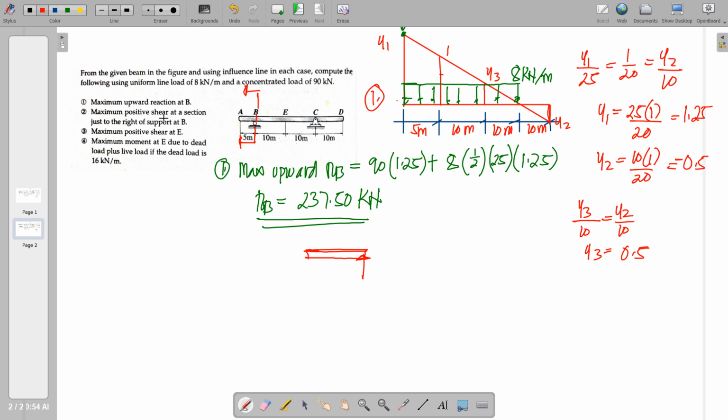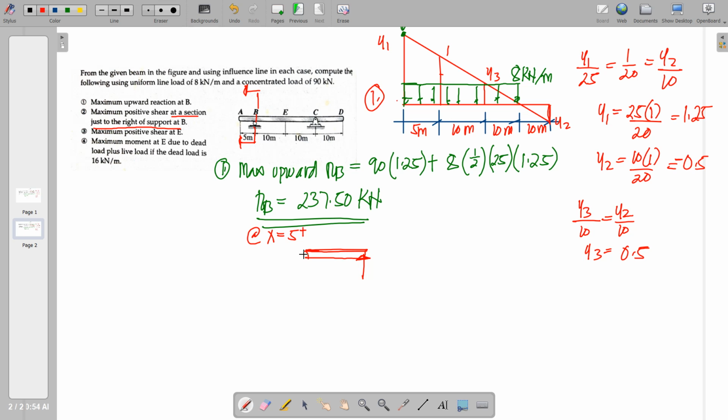Because the unknown is at a section just to the right of support B. So meaning we are on the section at x is equal to 5 plus. Okay, so if we have a section equivalent to 5 plus, then our reaction here is considered.